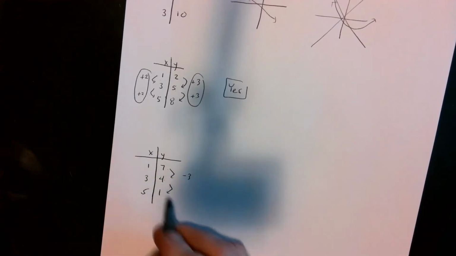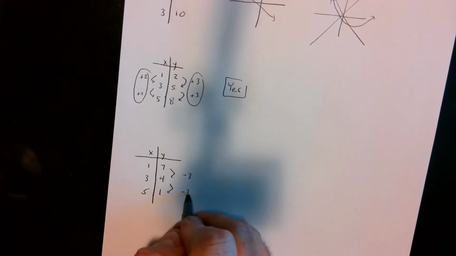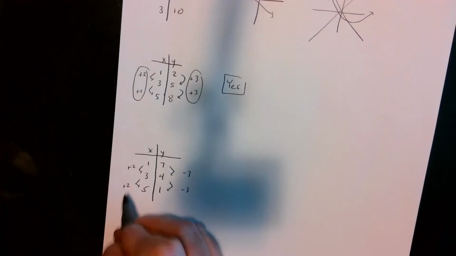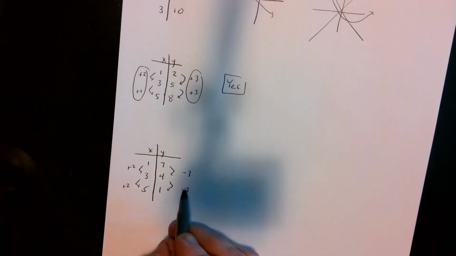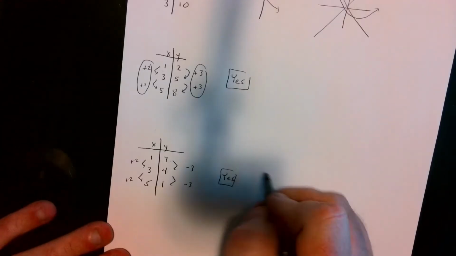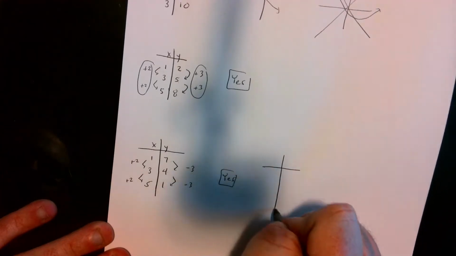I went from 7 to 4, I went down 3. From 4 to 1, I went down 3. So yep, it's constant there. On this side, I'm adding 2, and from 3 to 5, I'm adding 2. So as long as it's constant once again everywhere, then yes, this is a linear function, excuse me, not as linear.